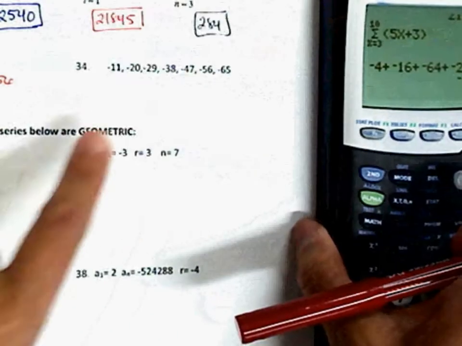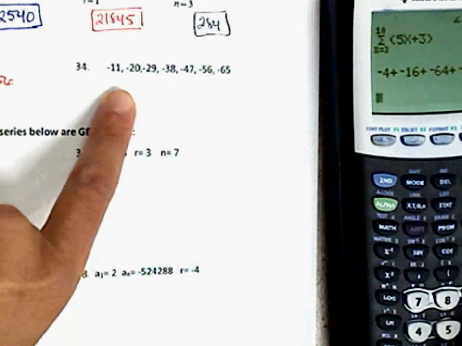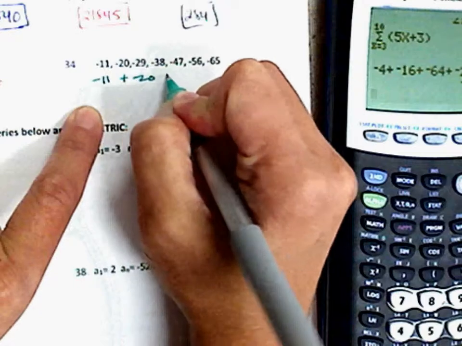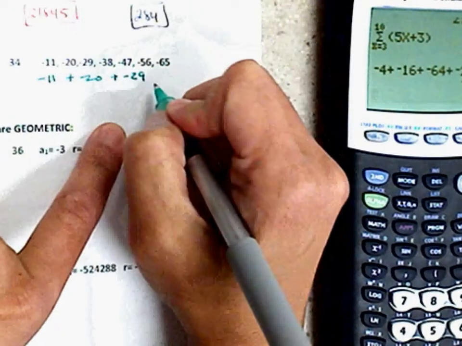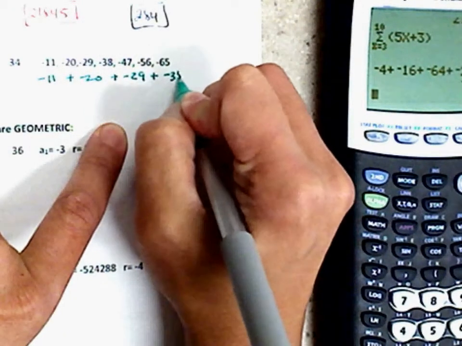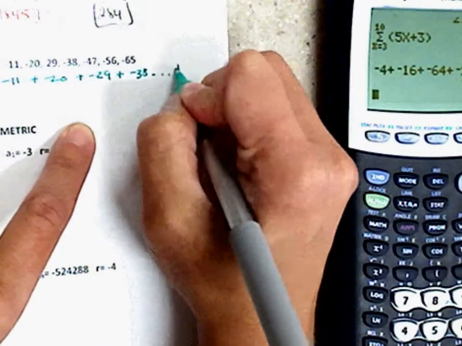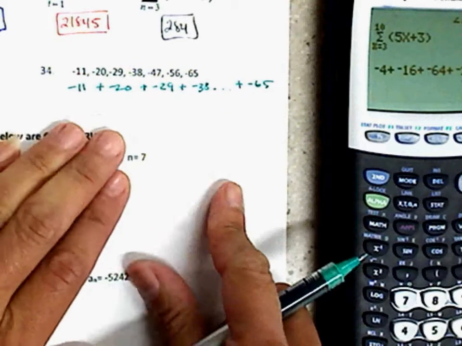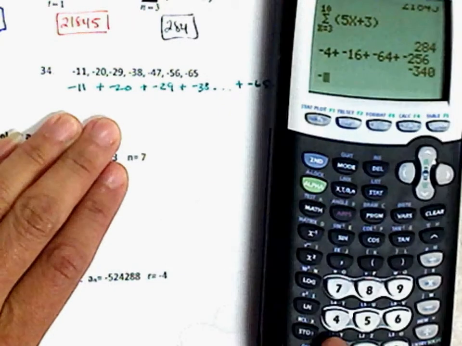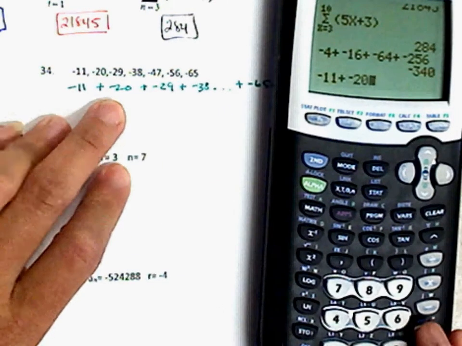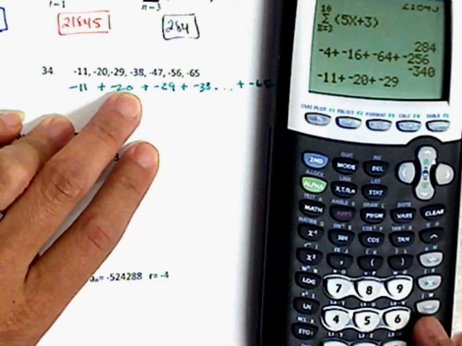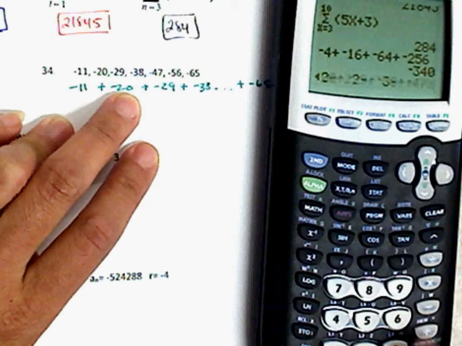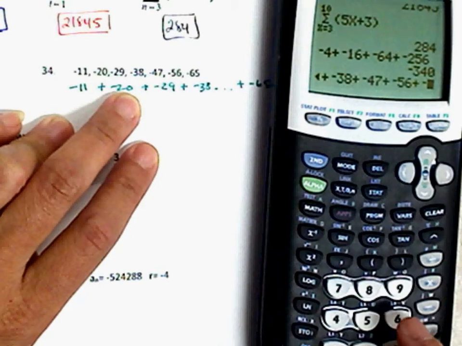Number 34. Same thing. Negative 11 plus negative 20 plus negative 29 plus negative 38 plus negative 47 plus negative 56 plus negative 65.